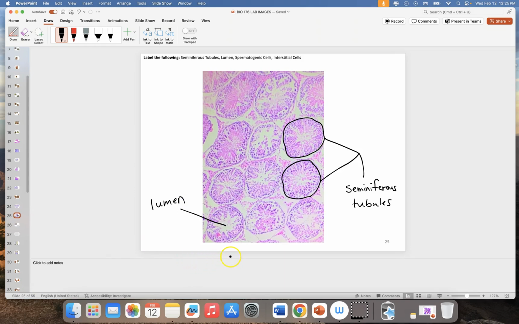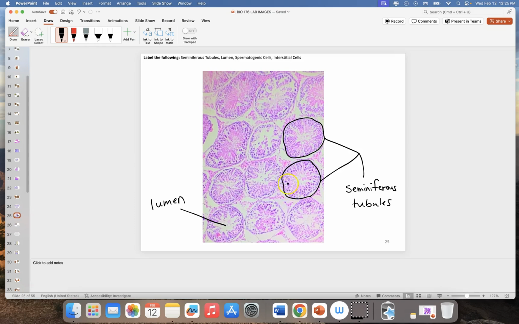Because these seminiferous tubules are responsible for sperm production within the testes, they are going to house the spermatogenic cells. These would be the cells that give rise to sperm.